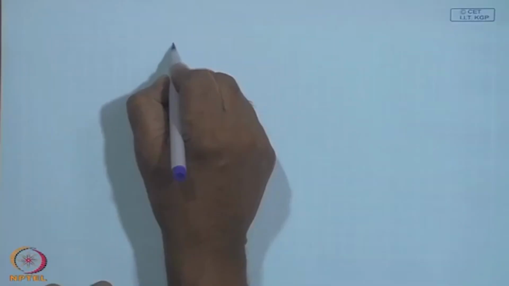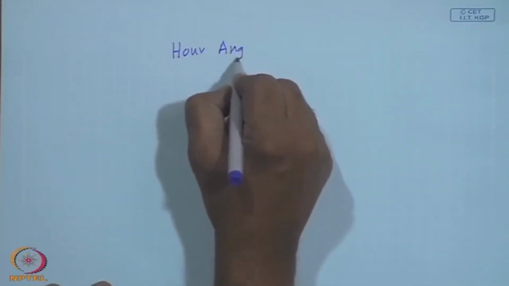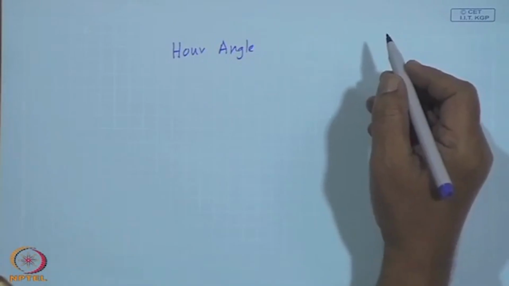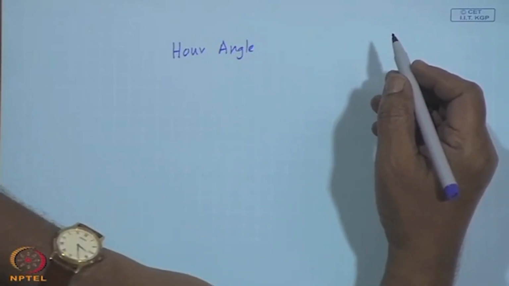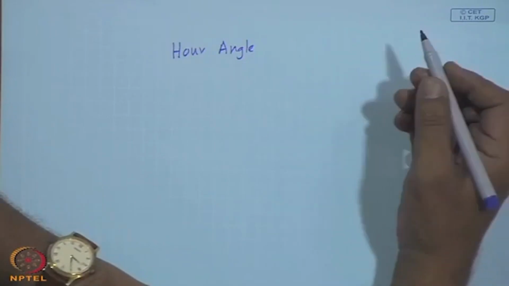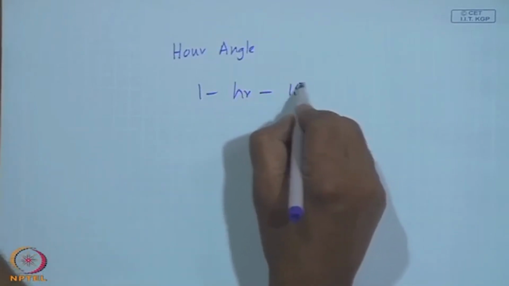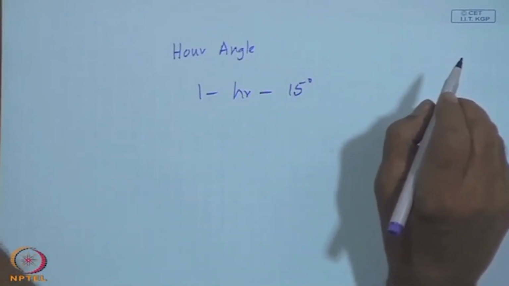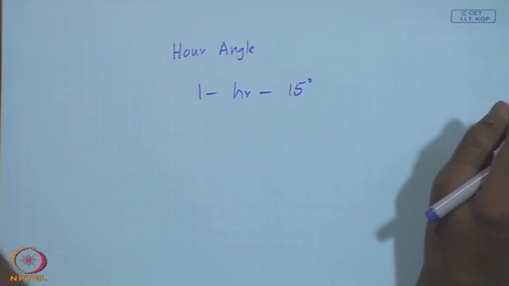So, we also define a hour angle. In other words, instead of saying 10 o'clock, 11 o'clock, 12 o'clock, we will specify it by the hour angle omega, and because it is again 24 hours for 360 degrees of rotation, each 1 hour will correspond to 15 degrees, and by notation omega equal to 0 at solar noon, negative in the forenoon and positive in the afternoon.